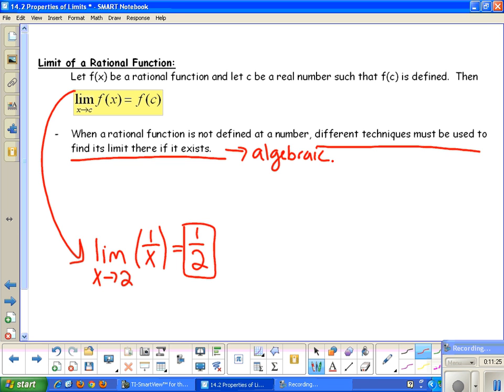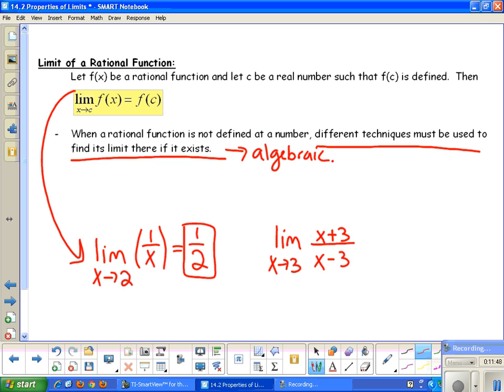Now, when it's not defined, such as, let's say I had the limit as x approaches 3 for the function x plus 3 over x minus 3.